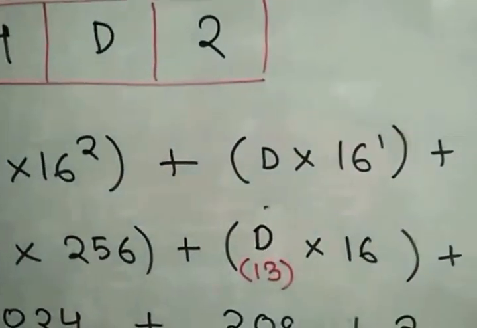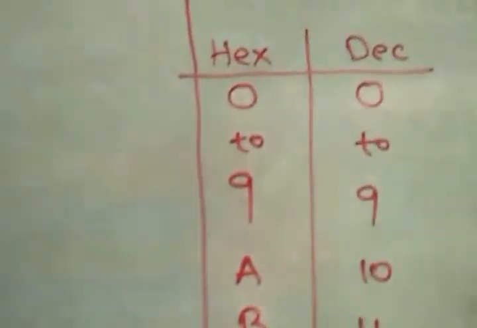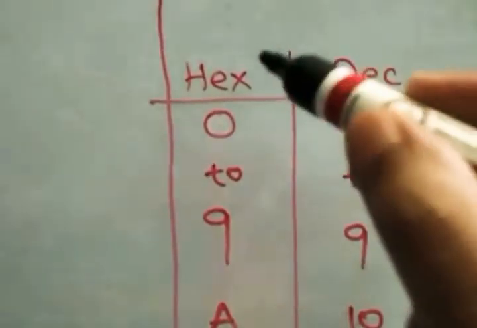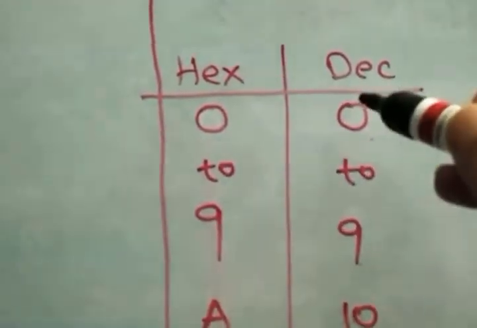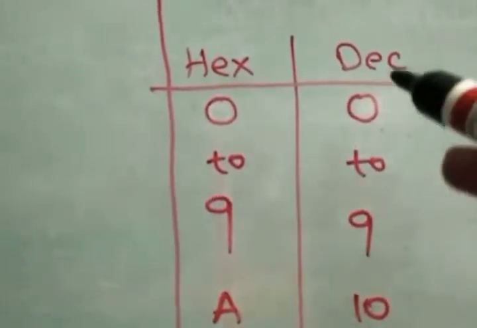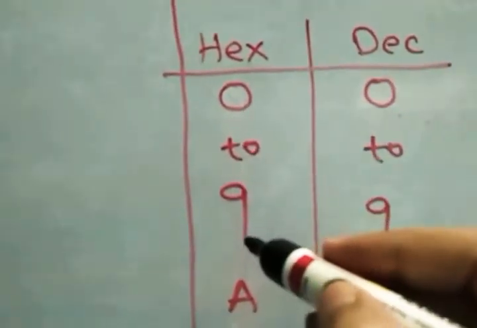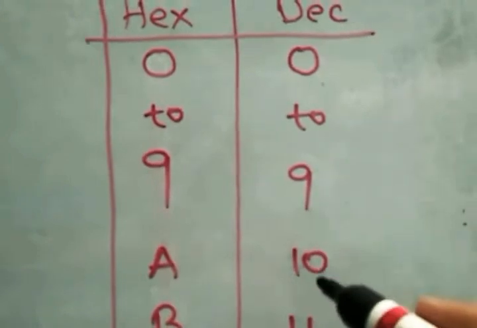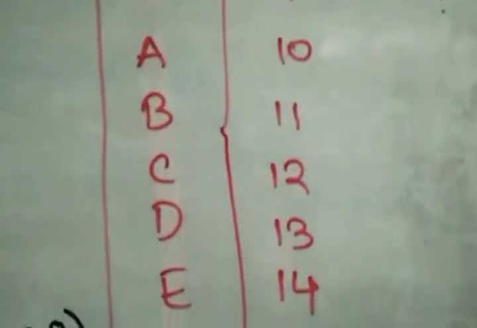Now, D means what? In hexadecimal, you know, we will refer to a hex and decimal chart here. The numbers 0 to 9 in hexadecimal are present in decimal also, the same numbers 0 to 9. That means the decimal numbers 0 to 9 are contained within the hexadecimal numbers also. But when we move from 10 onwards in the decimal system, it goes 10, 11, 12, 13 like this.